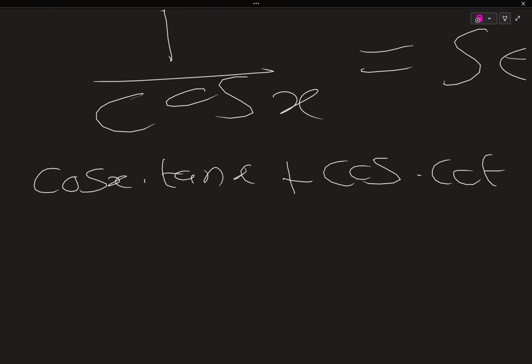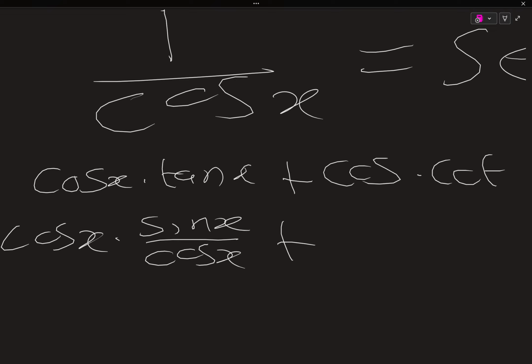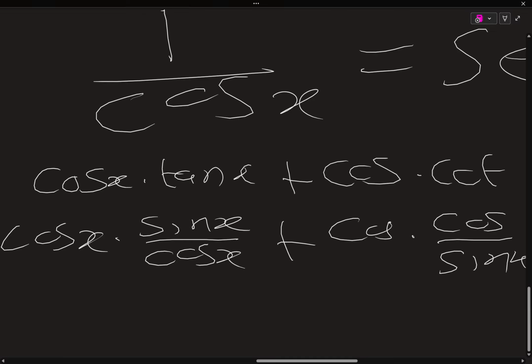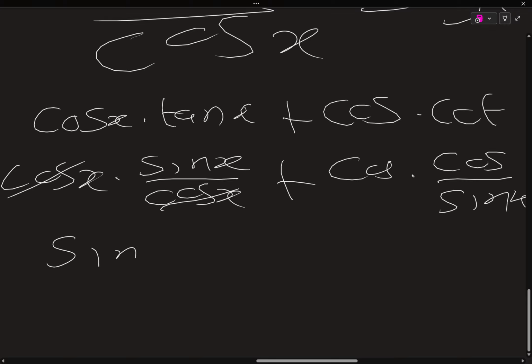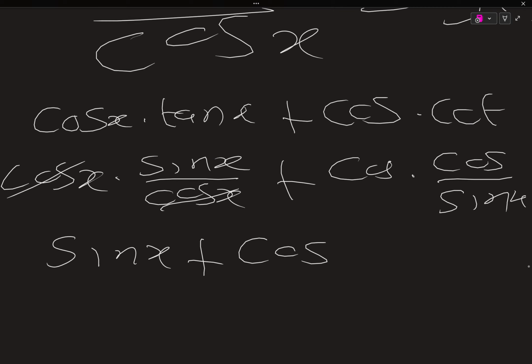Let us simplify this by reciprocal trigonometry, which is simply sine x over cos x, plus cos multiplied by cos over sine. This and this will cancel. I'm going to remain with sine x plus cos multiplied by cos, which is simply cos squared over sine x.